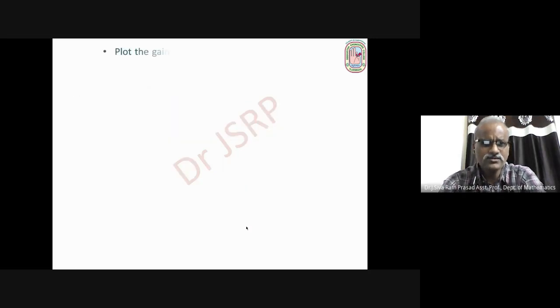Then plot the gain functions on a graph, keeping X on the x-axis and gain values on the y-axis.